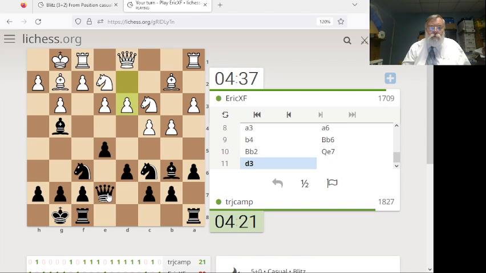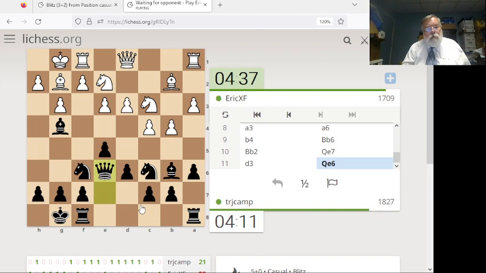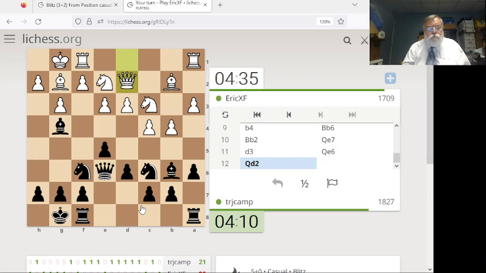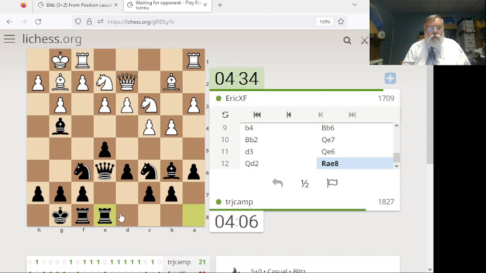Double Fiend Shuttle. That must be a thing now. Let's see. That activates your knight. One, two.